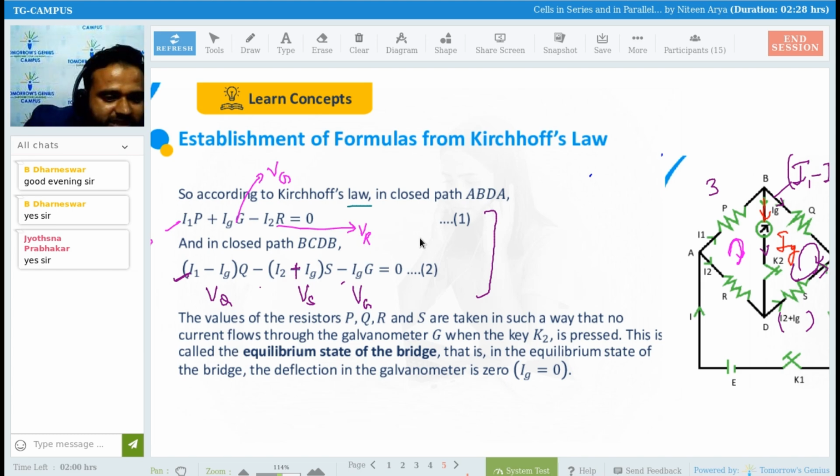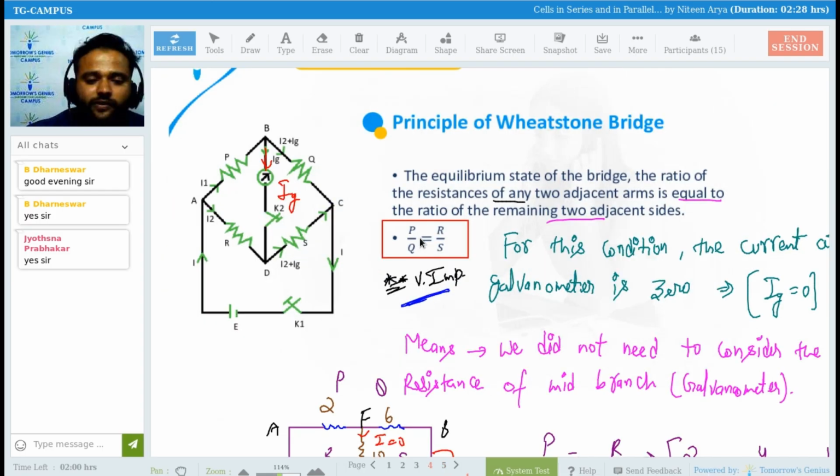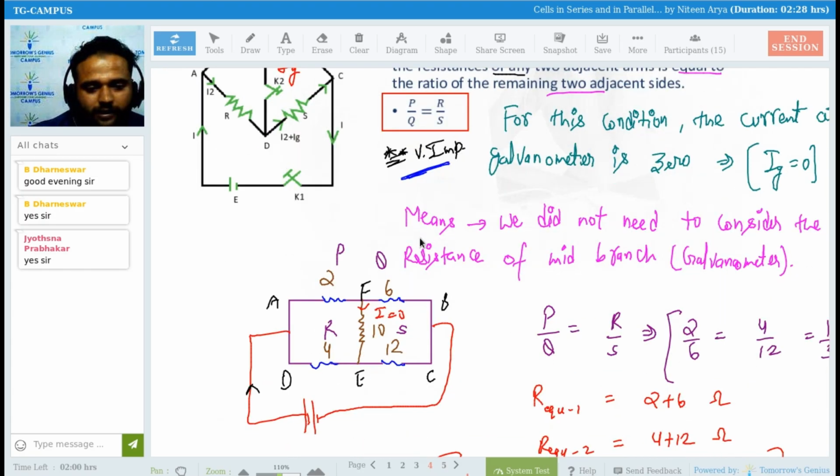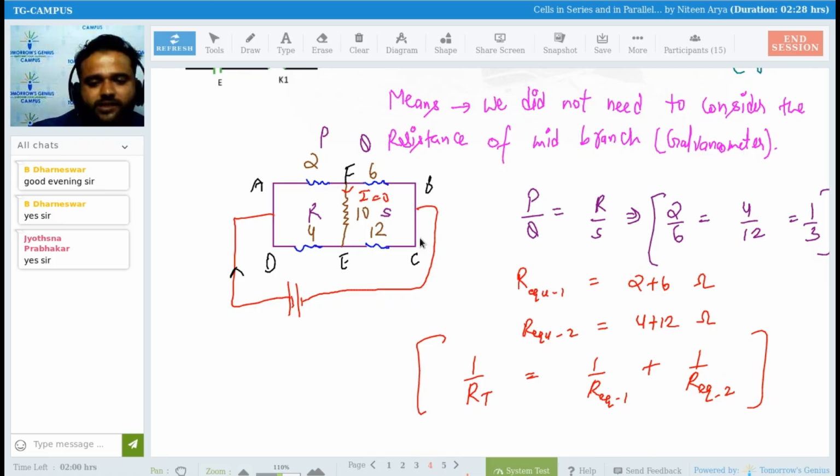Sir, why does the sign change in that VS part? Beta, sign change, see, in the previous class I told you two rules of KVL.